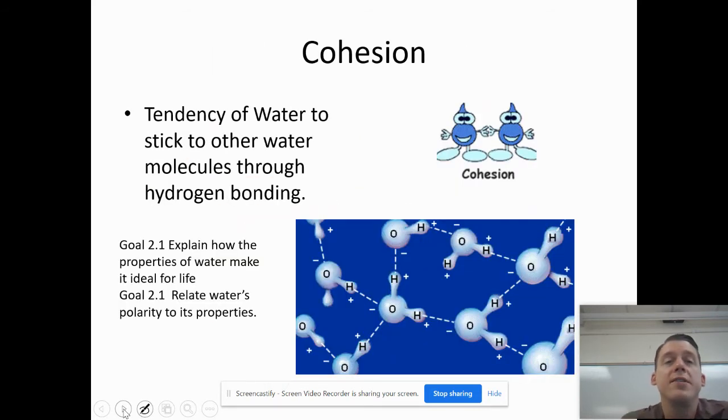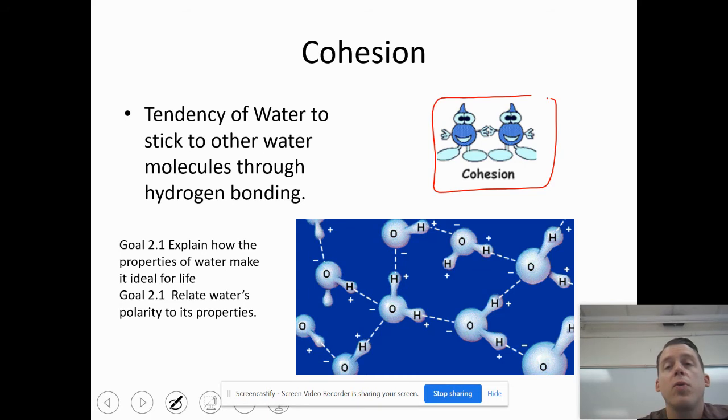So cohesion is the tendency of water to stick to other water molecules through hydrogen bonding. Here's our picture. The water molecules are holding hands because that hand-holding part represents the hydrogen bonding. So here we have a hydrogen bond, a hydrogen bond, a hydrogen bond, a hydrogen bond. Notice the hydrogen bond is between water molecules. It is not within a water molecule. Within would be this.